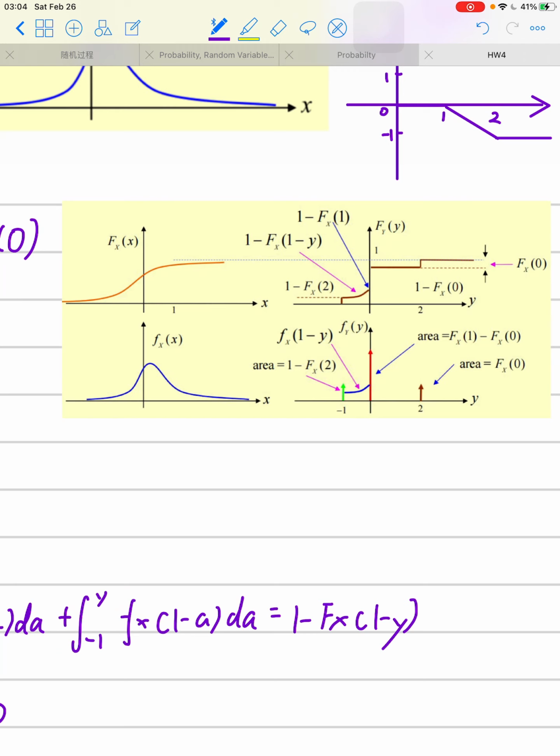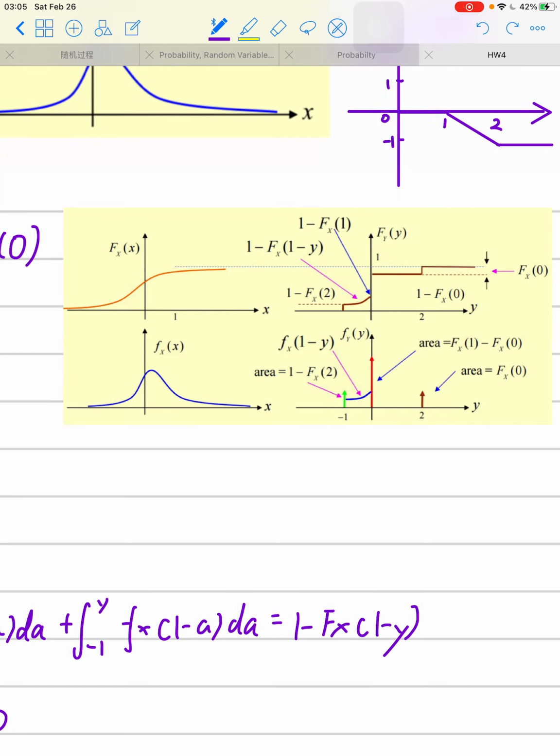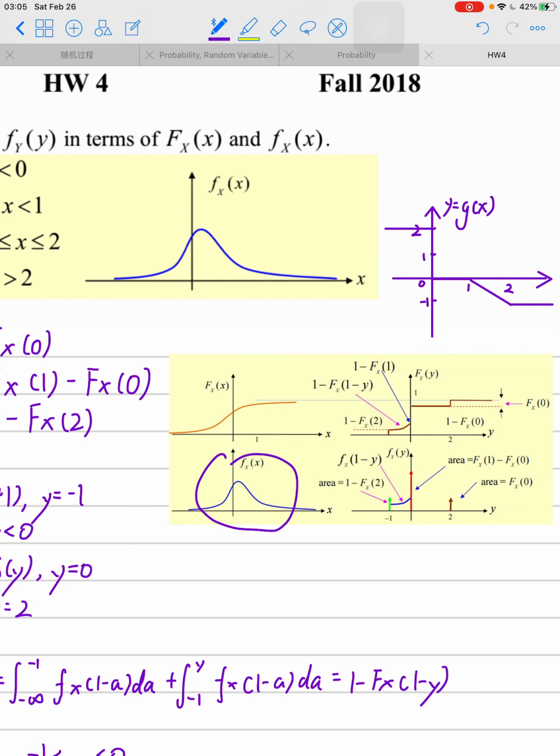Here is the quiz of homework 4 from Brightspace. We can see here is the diagram of F_X(x), and here is the diagram of f_X(x), which is the same as the conditions of the problem.